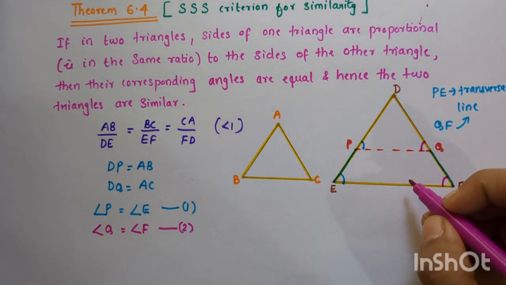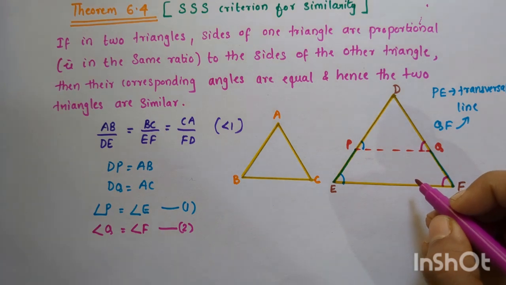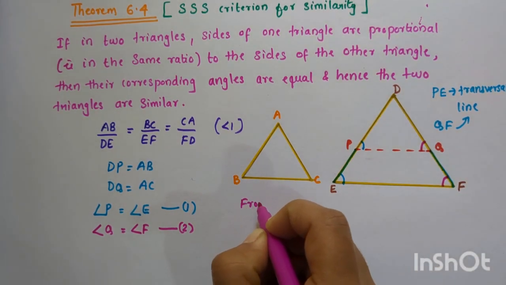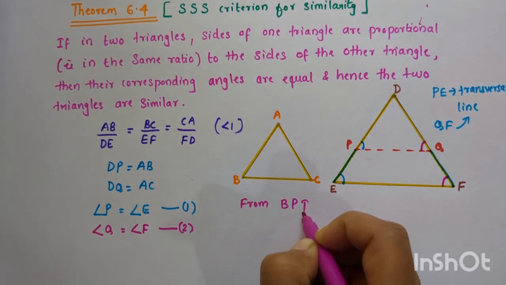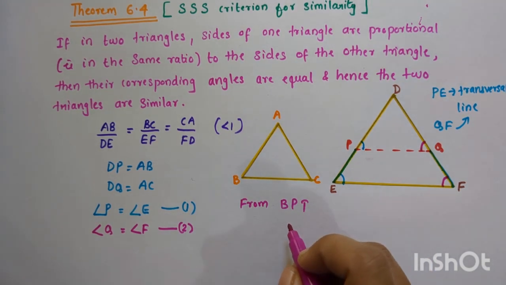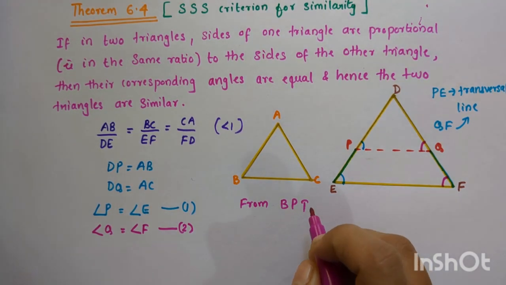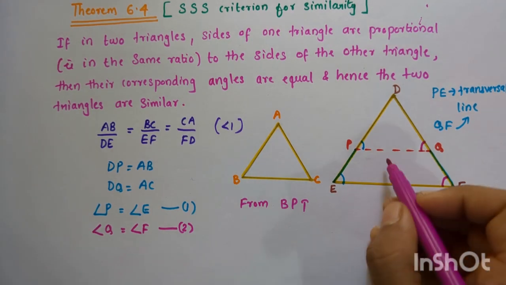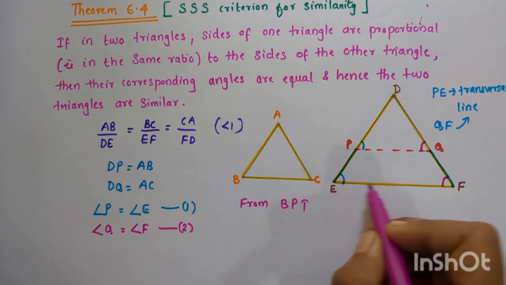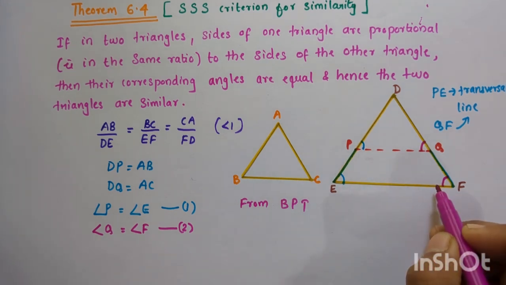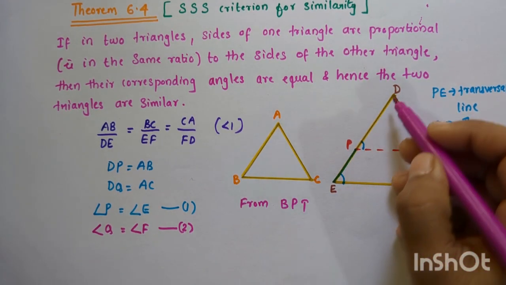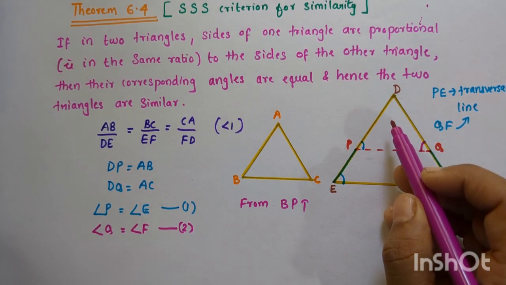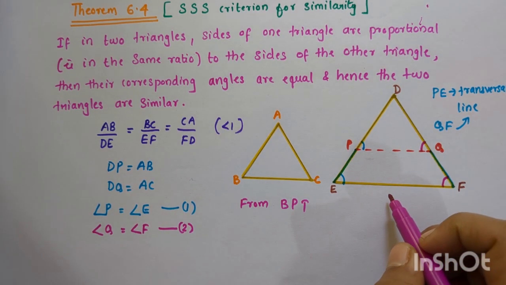So, from the basic proportionality theorem, which we have discussed in our previous video, which is available in the playlist: if a line is drawn parallel to one side of a triangle to intersect the other two sides in distinct points, the other two sides are divided in the same ratio.